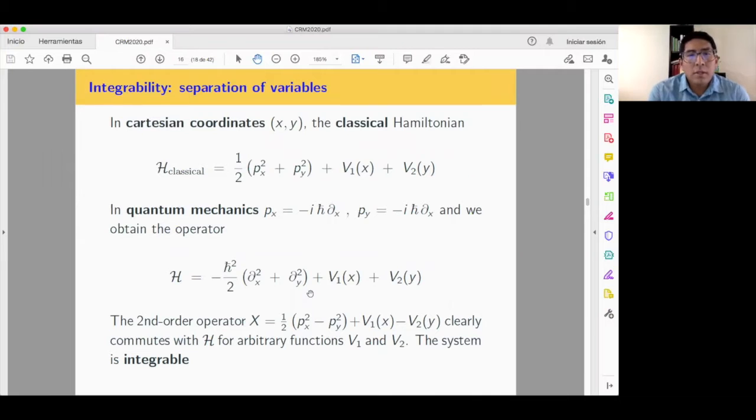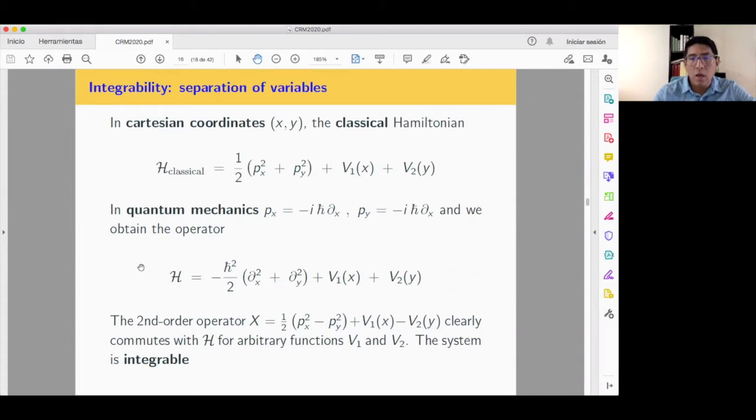So integrability, we already have it, because once we impose separation of variables in Cartesian coordinates, in the classical case, this is the Hamiltonian. And then we just quantize the momentum variables and we arrive at the quantum operator. Clearly, this second order operator X commutes, or Poisson commutes, with the Hamiltonian.